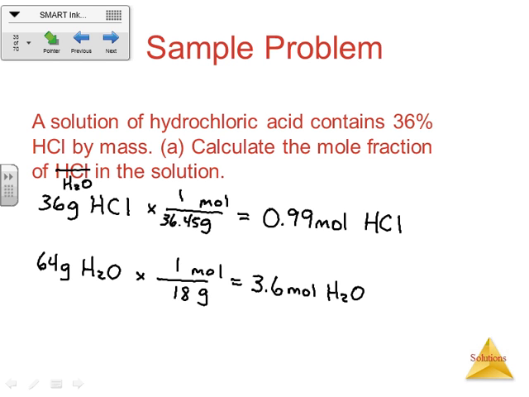So just be careful what they're asking you for. But on this one, we're trying to find the mole fraction of the HCl, so it's just 0.99 moles divided by the total number, 4.59 moles. And don't multiply this one times 100, because it's not a mole percentage, it's just a mole fraction.